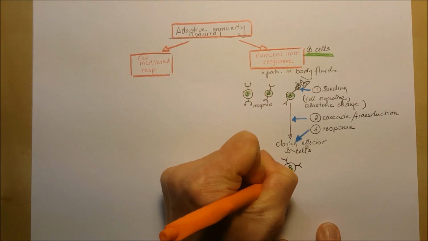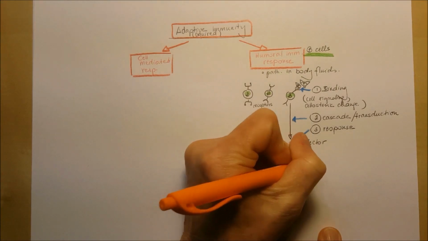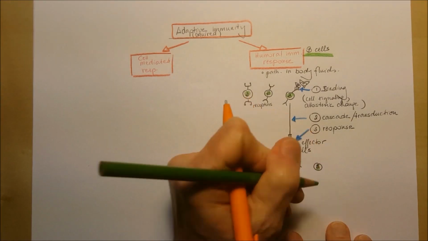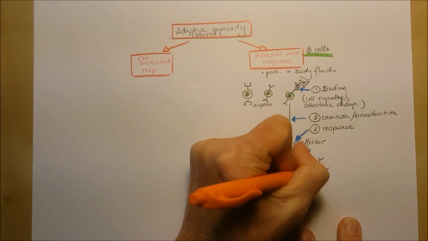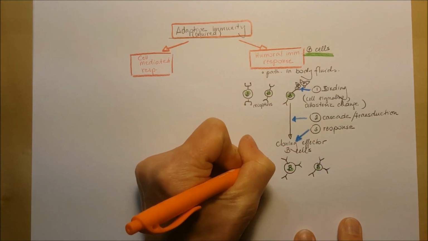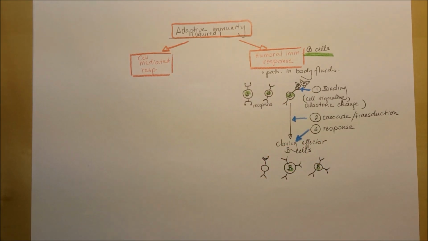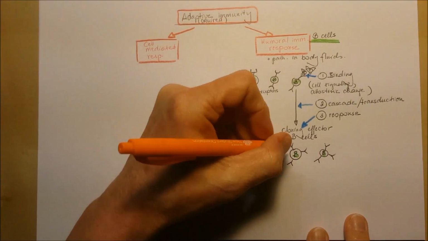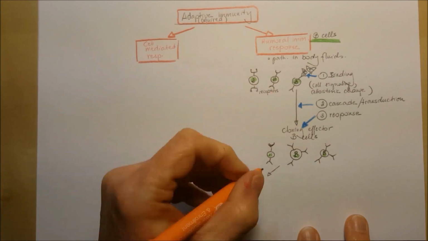Well, I just drew more receptors on the surface, but it really does not matter. These are the cloning ones, and they have the triangle-ish shape receptors.